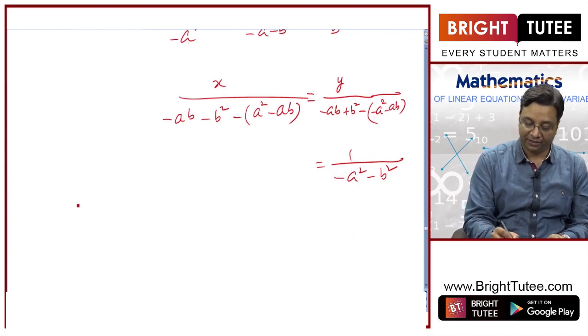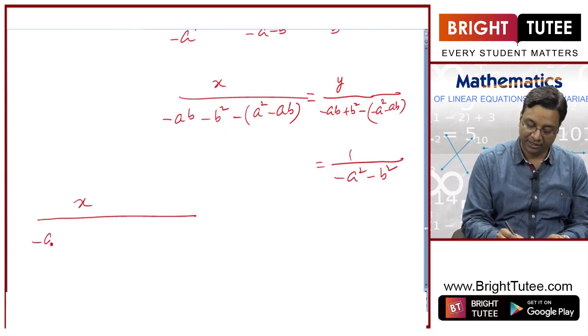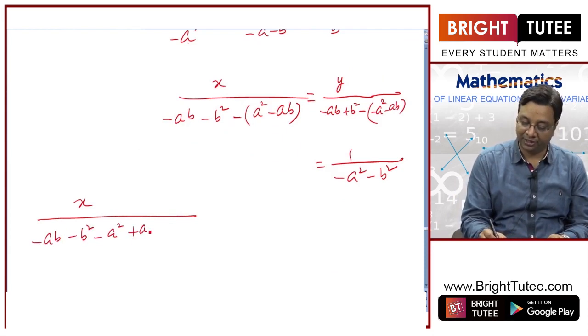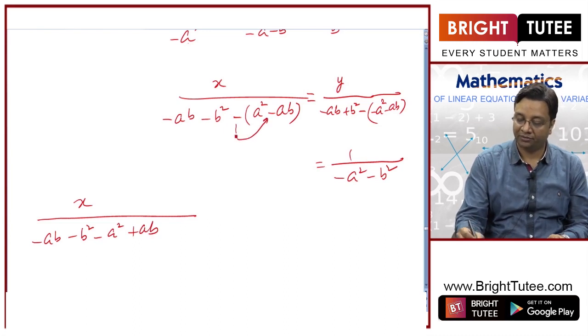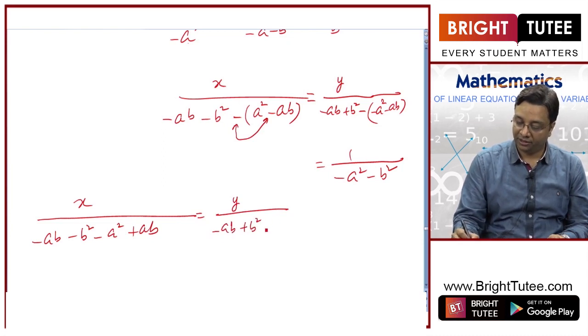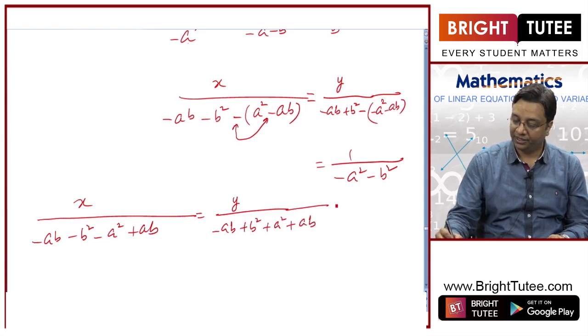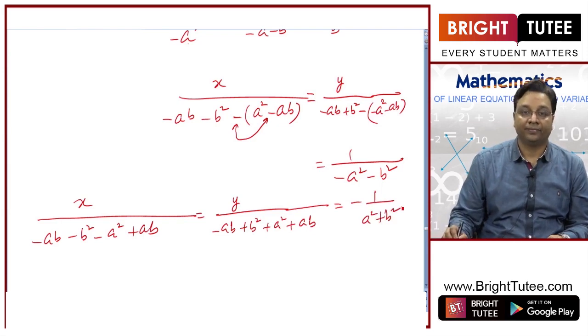Now, you simplify these. x divided by this is minus ab minus b square minus a square plus ab, this minus and this minus will become plus. It is equal to y divided by minus ab plus b square plus a square and then plus ab, and it is equal to, if I take minus common, minus 1 by a square plus b square, right.